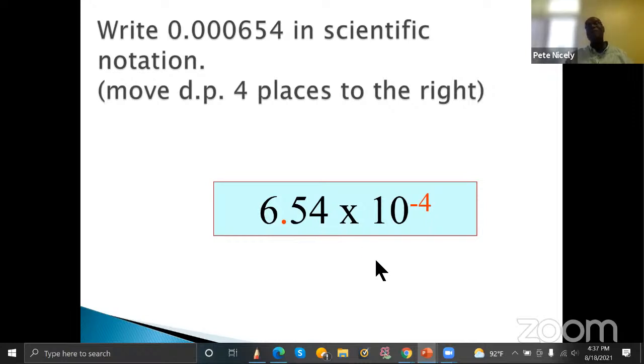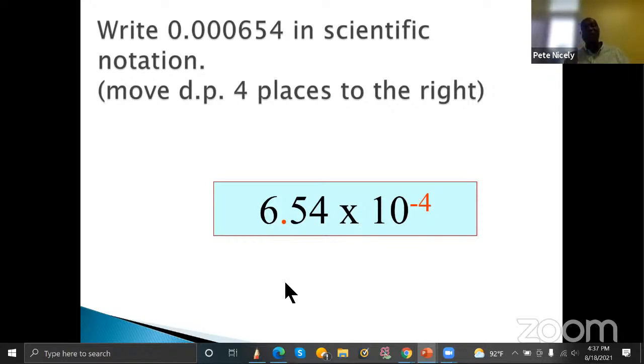So that's basically how you go from the standard way of representing a number to scientific notation. Just to summarize, if the number is larger, you have to move the decimal point to the left so that it ends up to the right of the first non-zero digit.